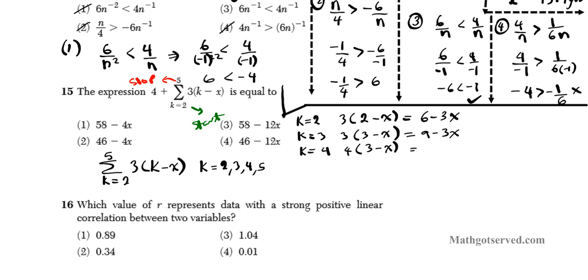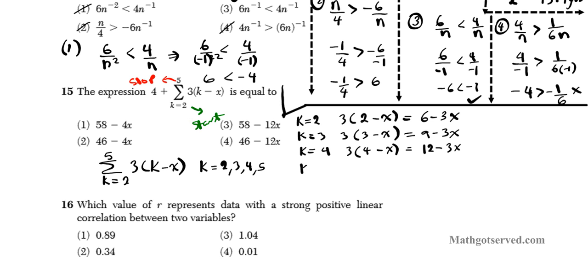And then for k equals 4, actually I got it switched around, let me fix this. It's going into the k spot. So it's going to be 3 times 4 minus x. Okay, distribute the 3, you're going to have 12 minus 3x.